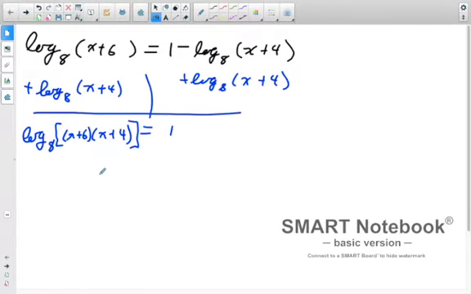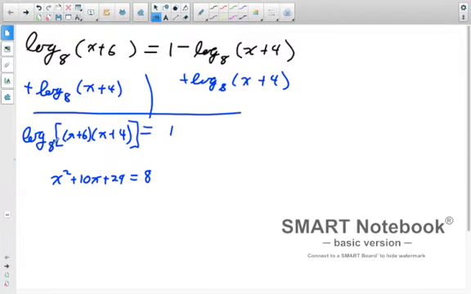Okay. Then, using the definition of what a logarithm is, we can rewrite this to be x squared plus 10x plus 24 equals 8.